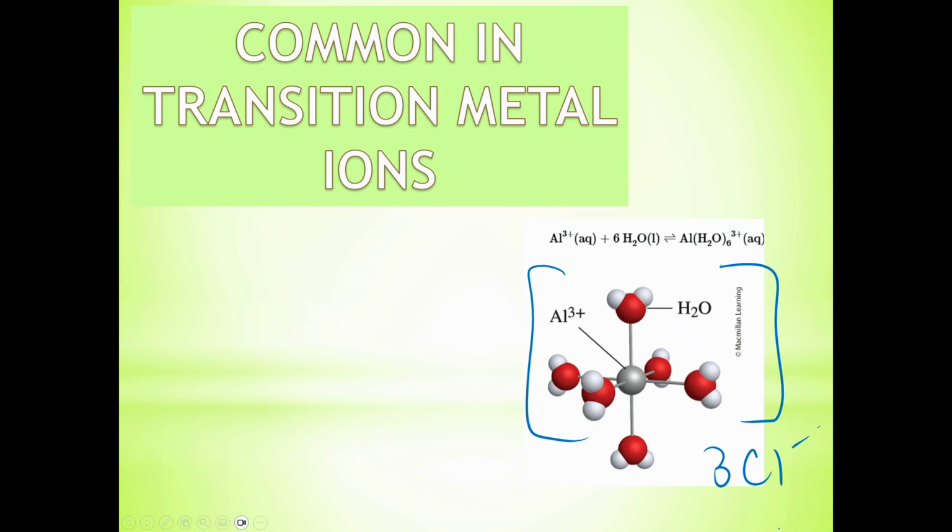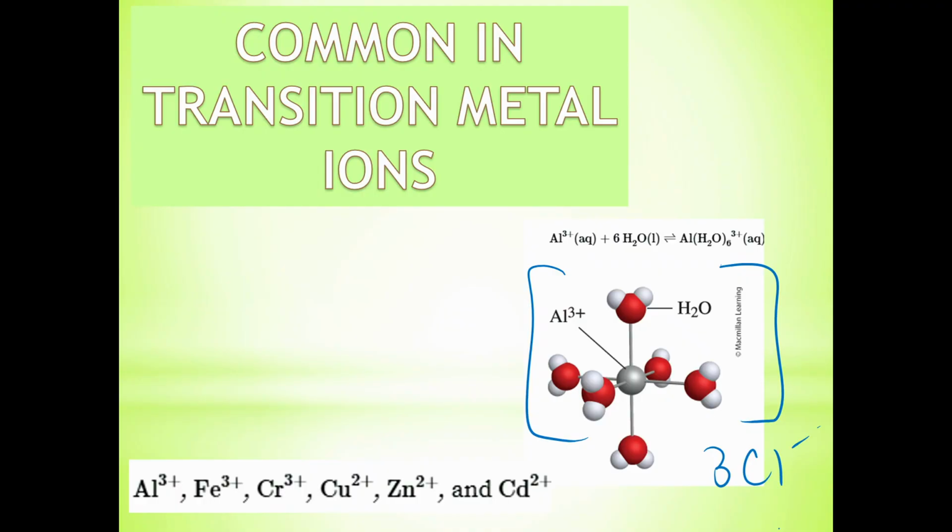So we're going to be looking at this a lot when we talk about solubility in chapter 17. Main things that we can find doing this: aluminum, iron 3, chromium 3, copper 2, zinc, cadmium. There are others, but what we're looking for is something that has empty orbitals that we can attach to.